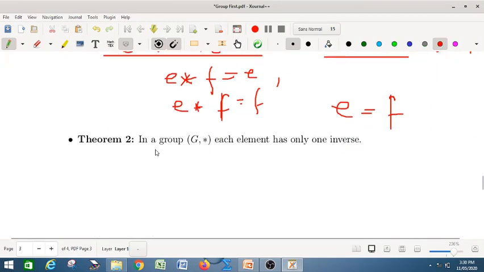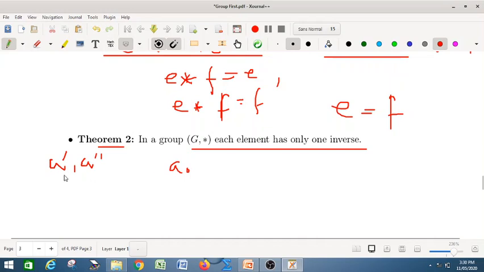In the next theorem, Theorem 2: in a group G star, each element has only one inverse. That is, there exists only one inverse for each element. Let A be an element. Suppose there are two inverses for A, A dashed and A double dashed.